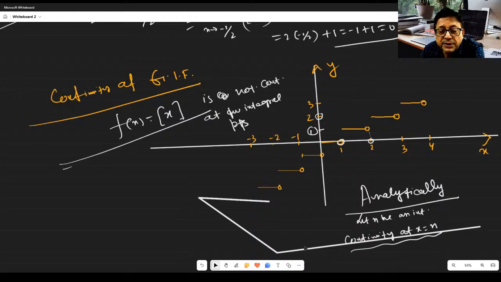Board is creating some problem. I am switching to another board here. Just a minute. I will be sharing this notebook with you because that notebook was malfunctioning. Okay, just a minute. It will take a few minutes only.